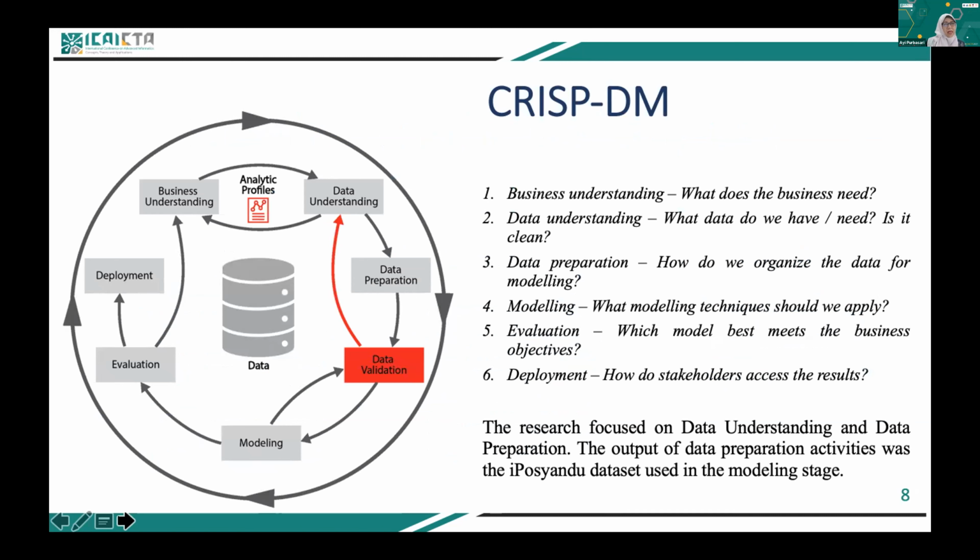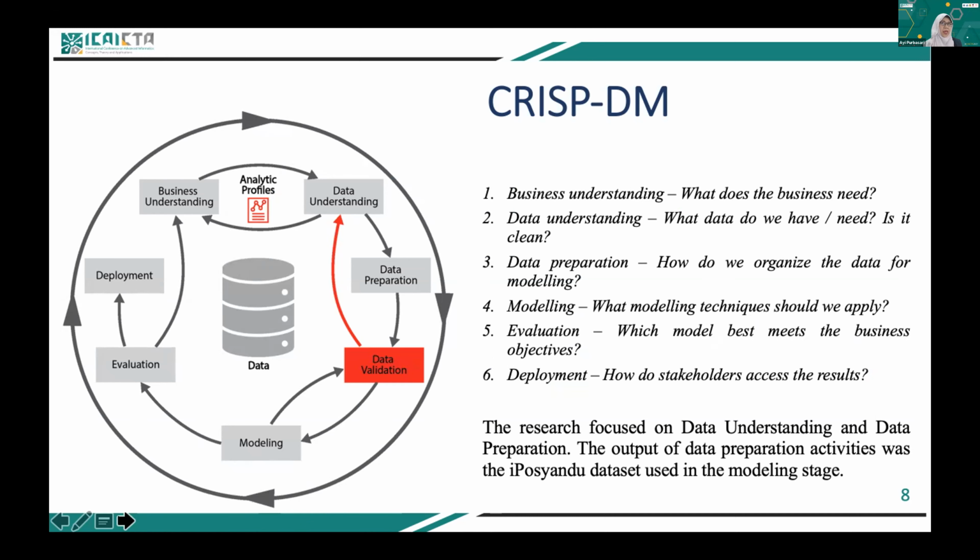This is the CRISP-DM method, or CRISP-DM modeling. We start with business understanding. What does the business need? This is the very important question that we have to ask together. And we have data understanding and preparation. These are the two stages that we focus on in this paper. And then we have modeling, evaluation, and also the deployment.